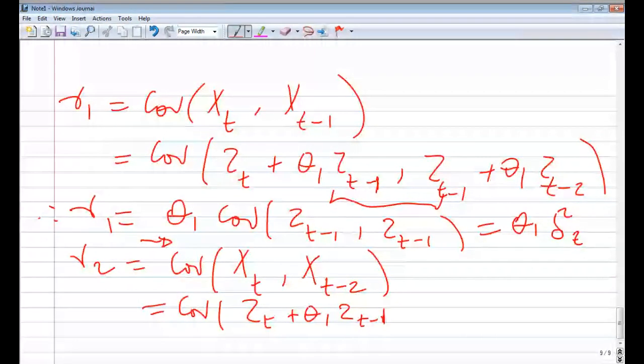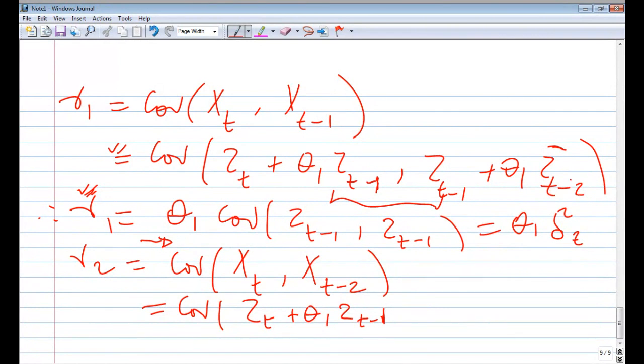You mean this one? No, step number 2. This one. You're referring to this one, the last term. Yes, this is zt minus 2. Okay.